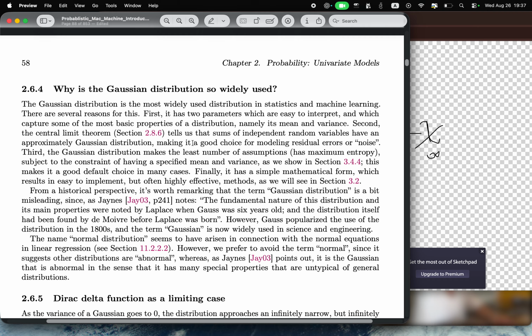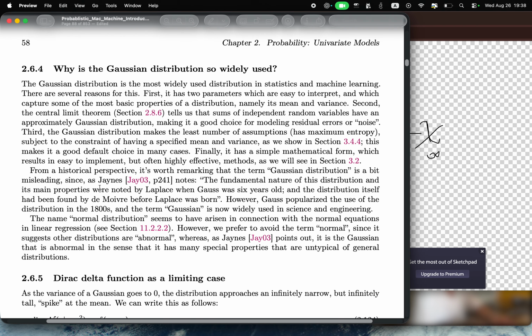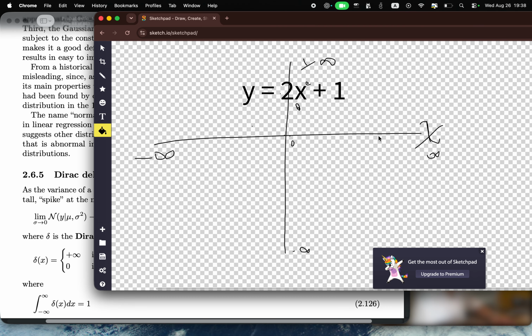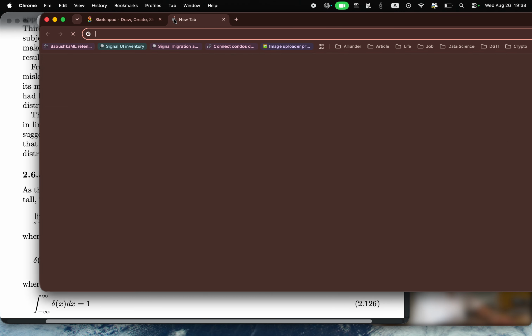Second, the central limit theorem tells us that sums of independent random variables have an approximately Gaussian distribution, making it a good choice for modeling residual error or noise. Third, the Gaussian distribution makes the least number of assumptions, subject to the constraint of having a specific mean and variance, as we show in a later section. So basically this is the distribution function that we saw at the beginning.